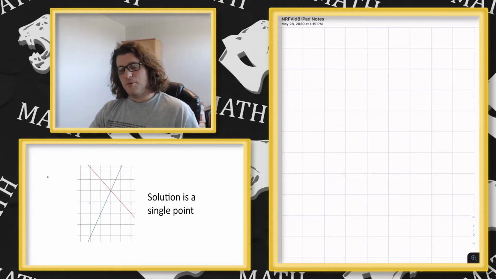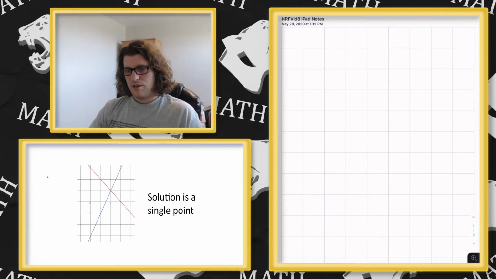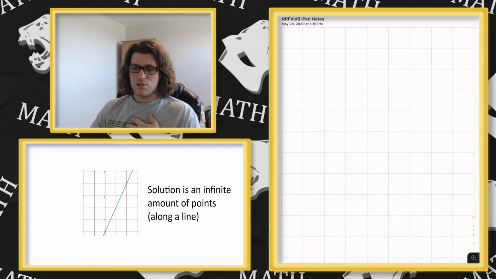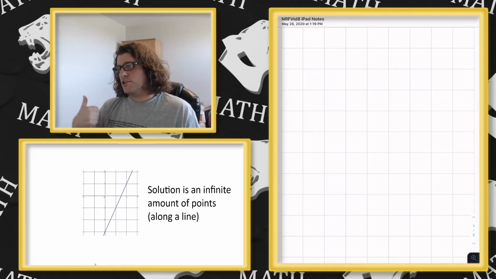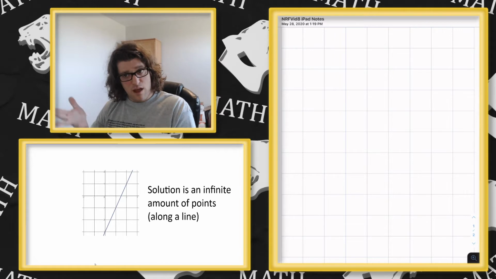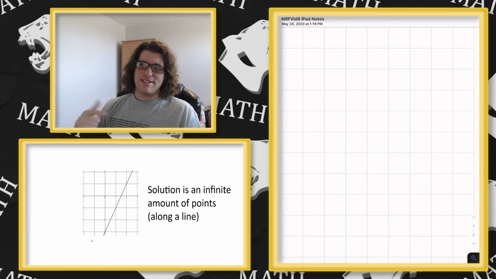All right, so the single point solution is this option. Again, I forgot I had broken them up into different things. So here you go, single point. In this case, we have an infinite amount of points, and they are all along the line. So you could say that the solution is that line, either one of them.